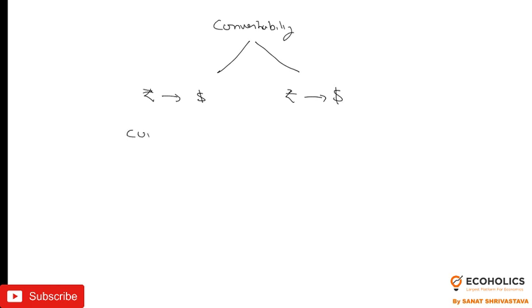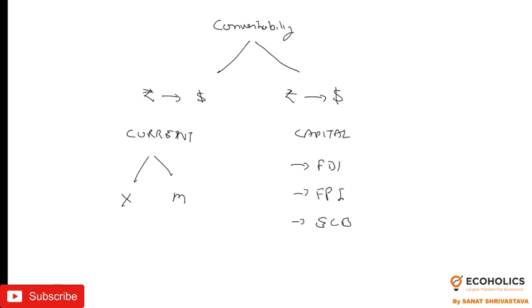Convertibility is allowed on the current account and the capital account. The current account is generally for exports and imports. The capital account is for FDI, FPI and other borrowings like ECB and loans.